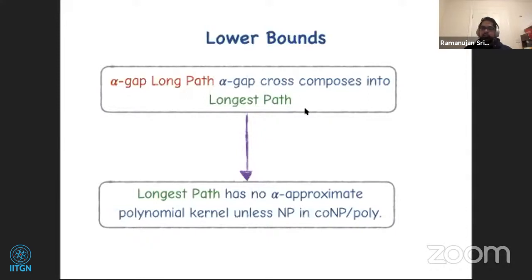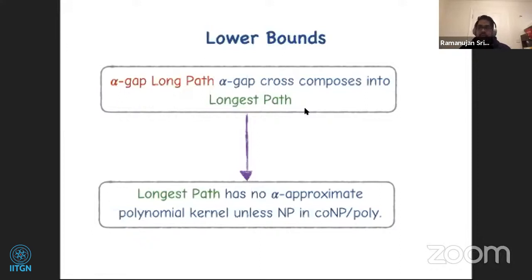And as it turns out, even in this new world of approximate kernels, this problem is still very hard to pre-process, i.e. kernelize, even given the fact that you're allowed to have some inaccuracy. So what you can show is that alpha gap long path cross composes into longest path. So alpha gap long path is the NP-hard language that we cross compose from.